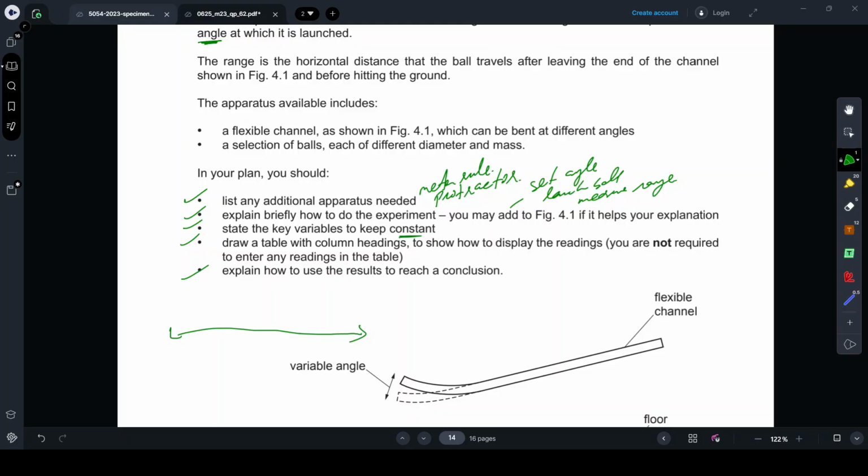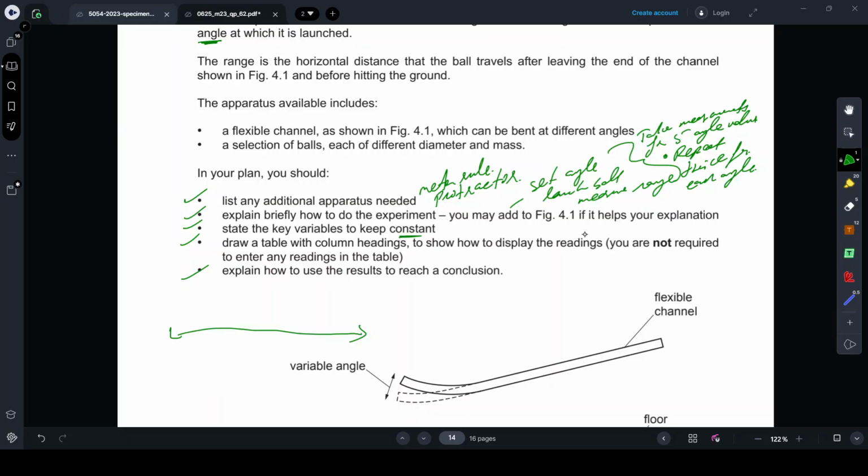Well, that is how the experiment is going to be done. After this, you're going to do two things. Take measurements for 5 angle values and repeat thrice for each angle. So you're going to mention that.